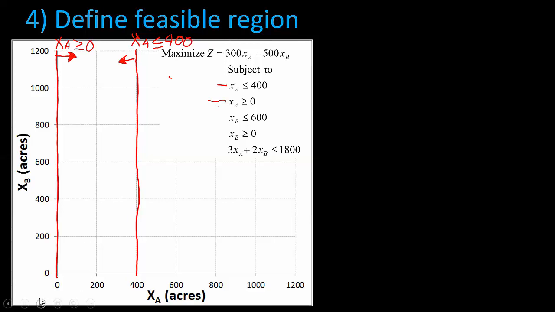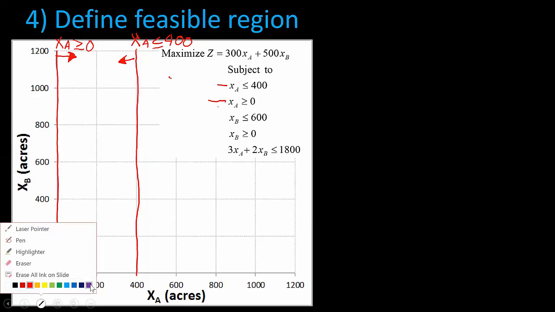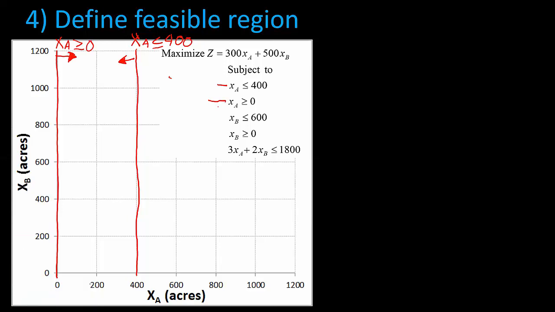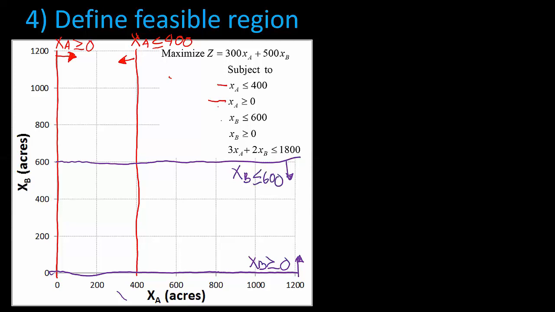Now what about XB? It has to be the same: XB has to be greater than 0, and XB also has to be less than or equal to 600. So we have now these two.